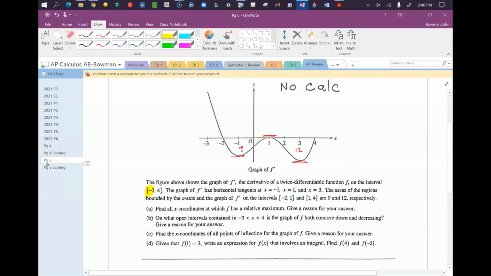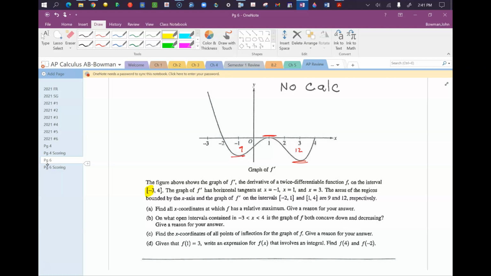Alright, so let's start at the left endpoint where x is equal to negative 3 and see if we can find all the places where f has a relative maximum. Since we are including the endpoints, we have to think about f prime, or whether or not f is increasing to the right or left of those endpoints. So at x equal negative 3, or to the right of x equal negative 3, f prime is positive, which means f is increasing, which means f has a minimum at x equal negative 3.